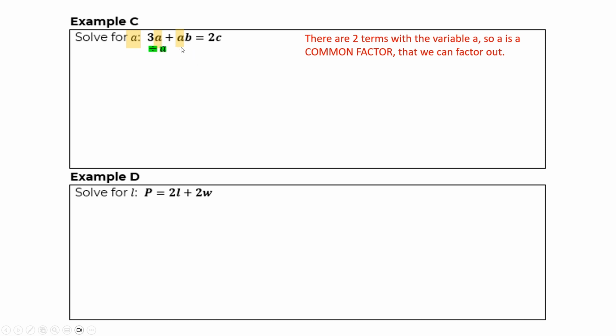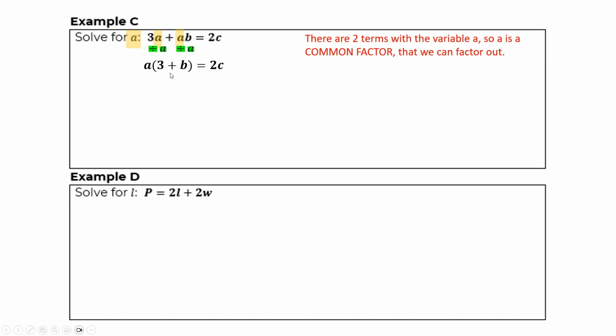So what it means to factor out is it means to divide. So we're going to divide the 3a by a and divide ab by a. And when we do that, we can rewrite it as a in front of the parentheses multiplied by 3 plus b. And that still equals 2c.